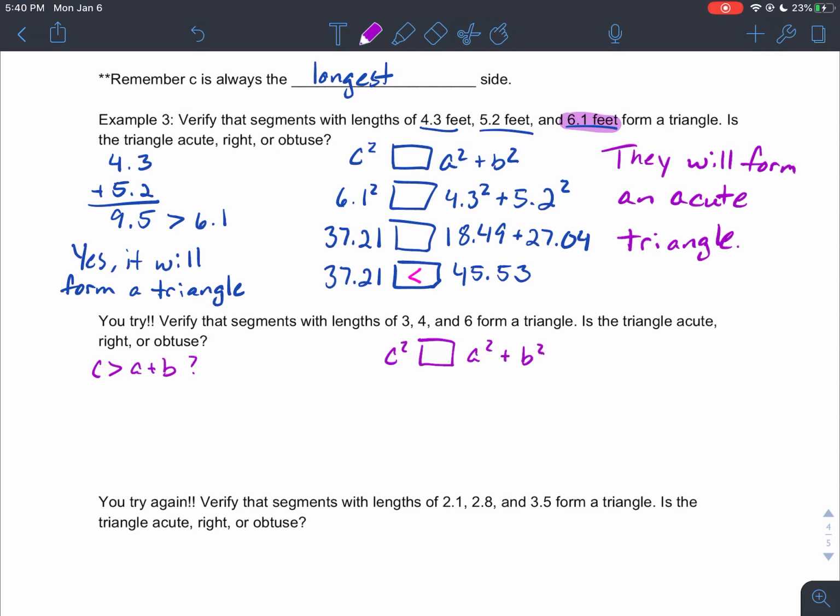Oh, I forgot to hit start on that timer. Sorry. If you need another second, you can pause the video, but I'm going to go ahead and go over it.